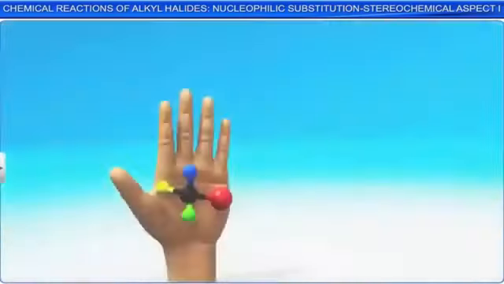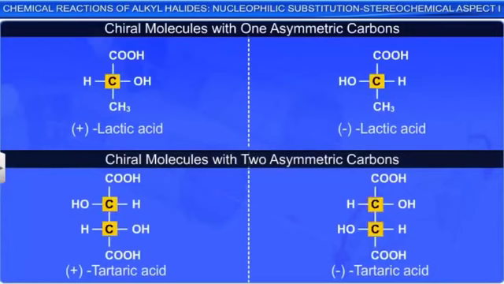Let us apply this concept to organic molecules. Chiral molecules may contain one or more asymmetric carbons or stereocenters. An asymmetric carbon is represented with a star on it.